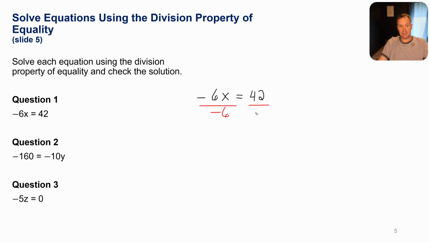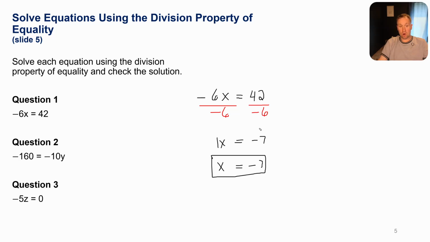So I can divide each side by negative 6. This divides down to 1x, negative 6 divided by negative 6, which is really just x, equals 42 divided by negative 6. 42 divided by 6 is 7. A positive divided by a negative is a negative 7. So the most simplified version is just the x variable by itself equal to negative 7.